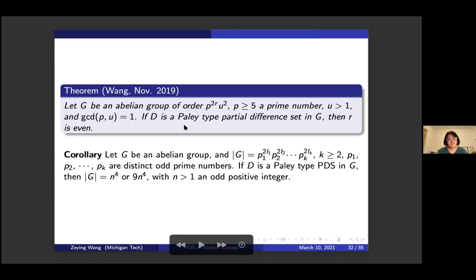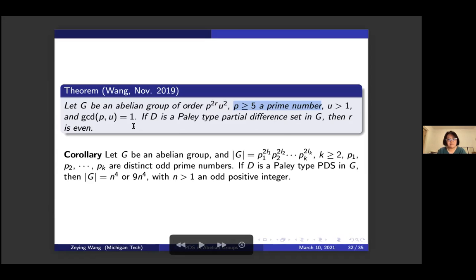So let G be an abelian group of order p to the 2r u squared. Here, because of the math result, I have to require p bigger than or equal to 5 to be a prime number. Now, we require p and u coprime. And so if D is a Paley type partial difference set in G, then r has to be even.